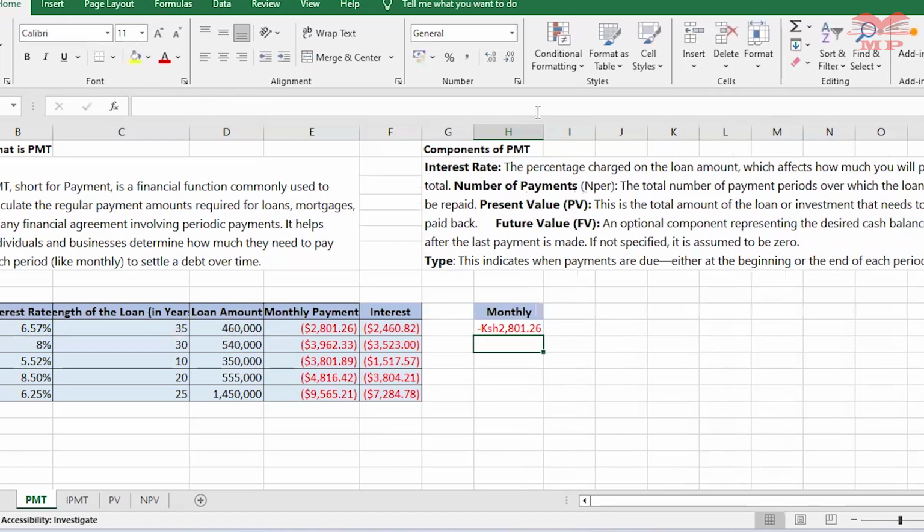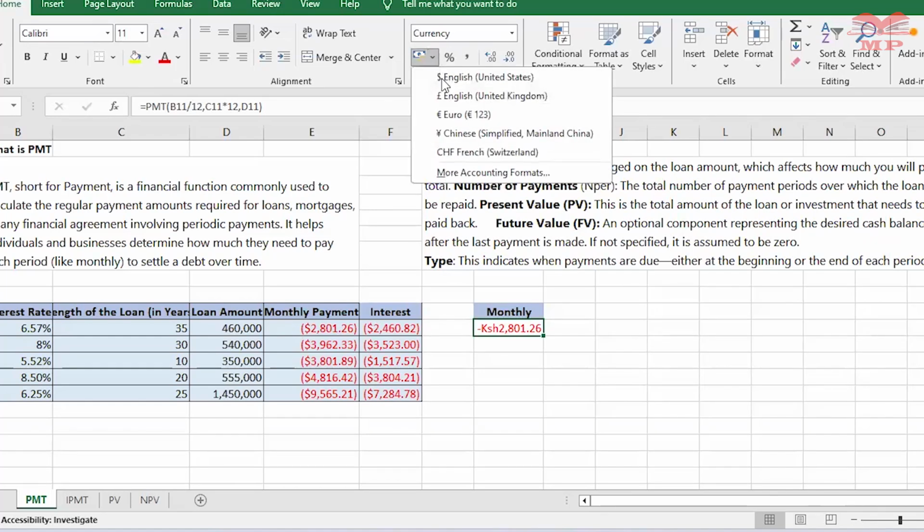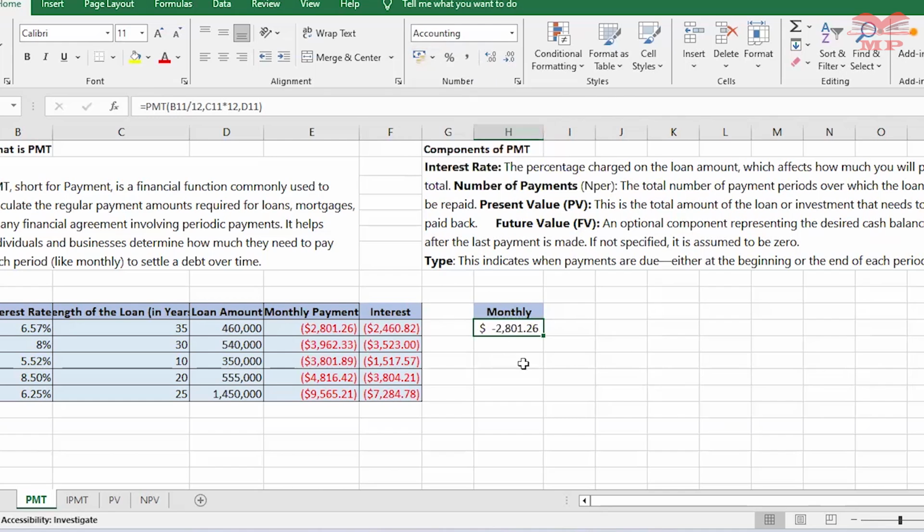So if you look at this, we get our figure. This matches what I have there. So it's a pretty straightforward concept. For us to pay this over 35 years, we will need to pay this amount, although here I'm indicating it in, I think the currency has changed to Kenya shillings. Let me just return it here to dollars for consistency.